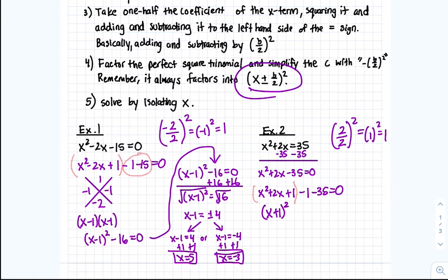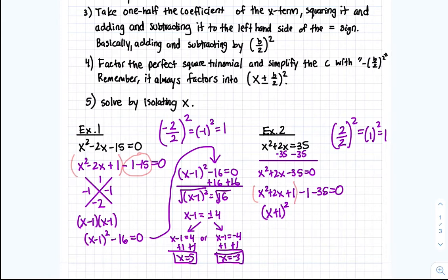This will help you guys too. It always factors into x plus or minus b/2, squared. And you know it's plus or minus based off of this one. If it's plus, then it's going to be plus b/2, and if it's minus, it will be minus.